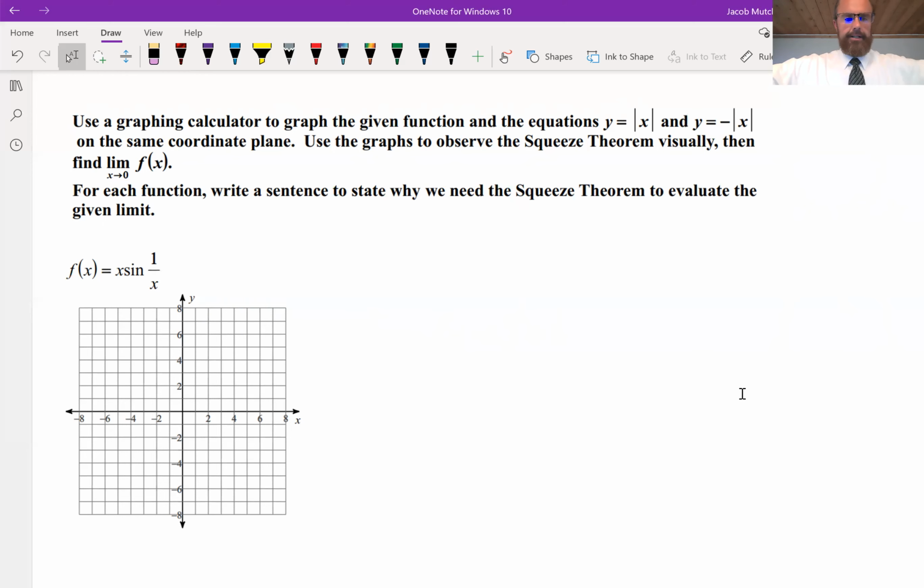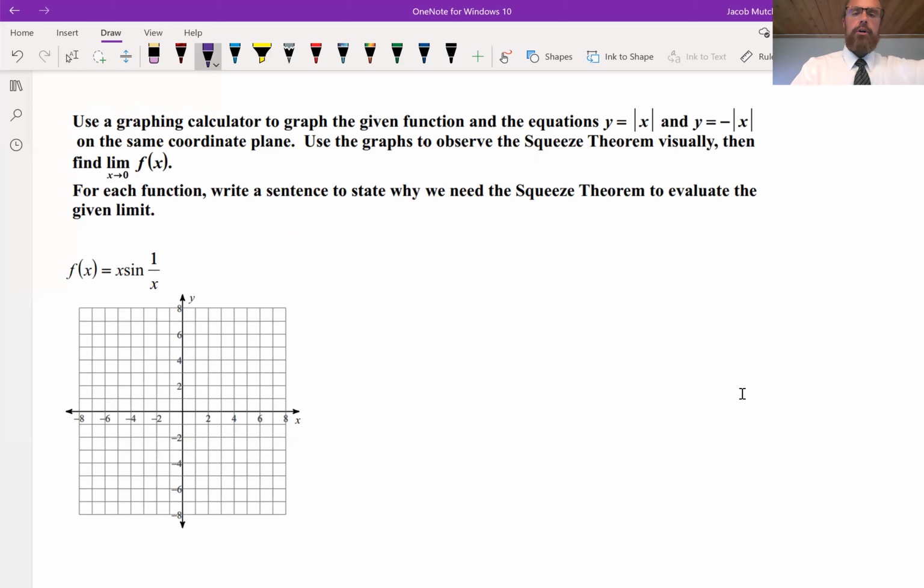And I've got a plane down here, so I'll use that plane. Use the graphs to observe the squeeze theorem visually, then find the limit as x approaches 0 of f of x. And once we've done that, we want to write a sentence to state why we need the squeeze theorem to evaluate the given limit. Why do we force ourselves into that strategy?